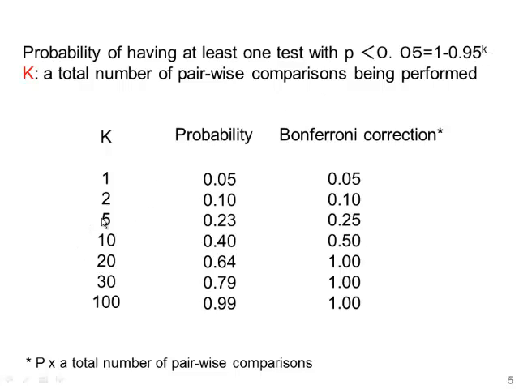K is the total number of tests you perform. And then the actual probability is this. So do you see how the rough computation of the Bonferroni correction works? And Bonferroni is actually a lot more conservative than the mathematically derived probability of detecting at least one test being significant among a total of k tests.